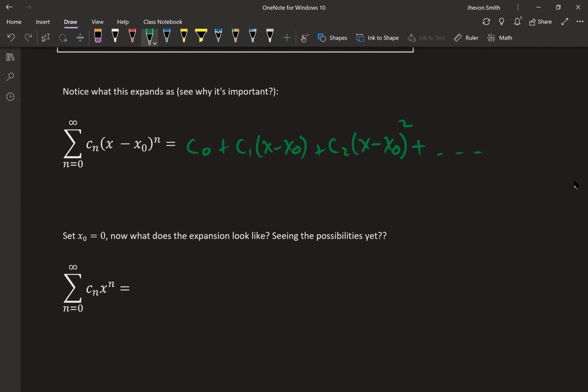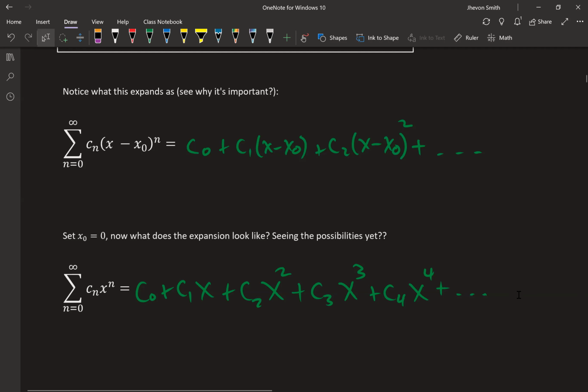X naught is the point about which the series is, quote unquote, centered. If I write that out here, you'll see that this series looks like a very familiar object. And that's right, it looks like a polynomial, an infinite polynomial, a polynomial of infinite degree. So you can think of a power series as just an infinite degree polynomial.